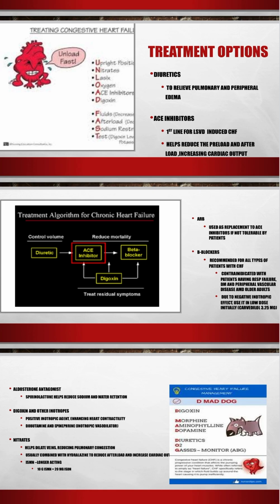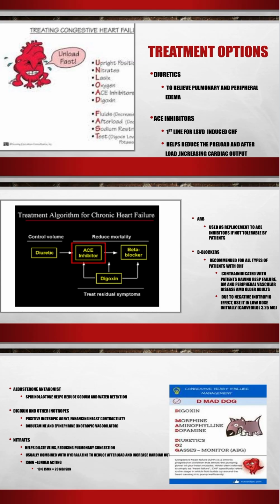The second choice of medication, which is given primarily for heart failure, is your ACE inhibitors, which are considered the first line for patients with heart failure diagnosed based on the dysfunction of the left ventricular systolic function.